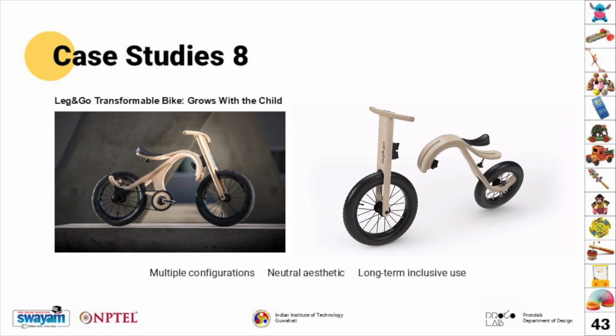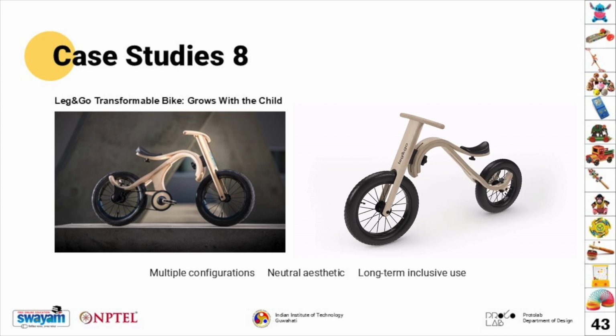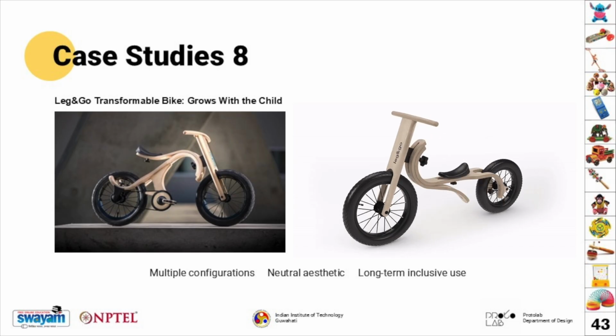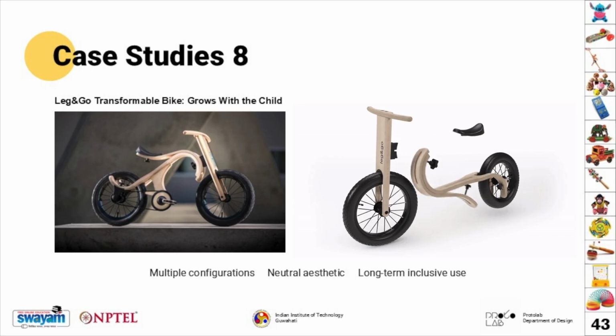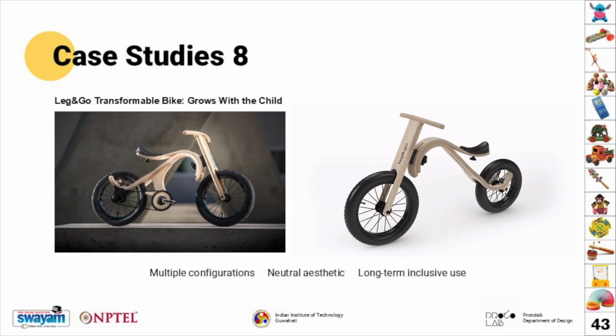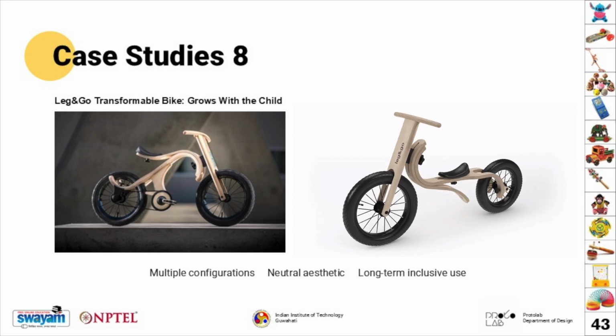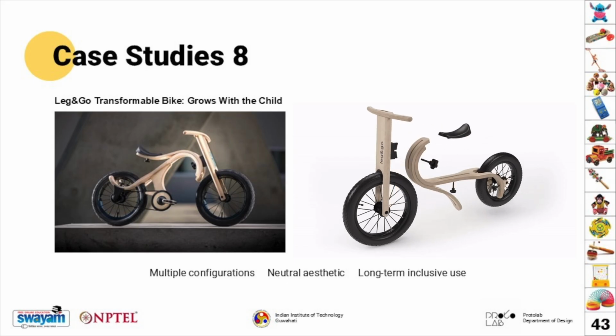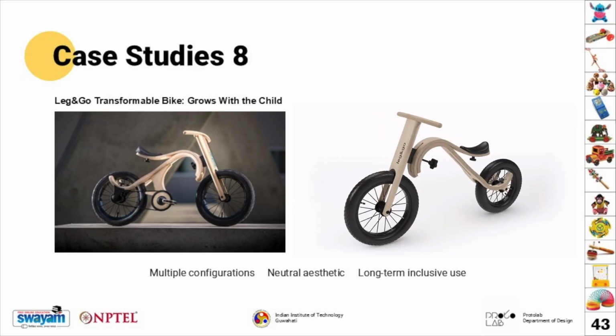This extends participation over time. Neutral aesthetics also avoid gender coding. The toy remains relevant to different children across development. Universal design here addresses temporal inclusion, not just who can play, but for how long.